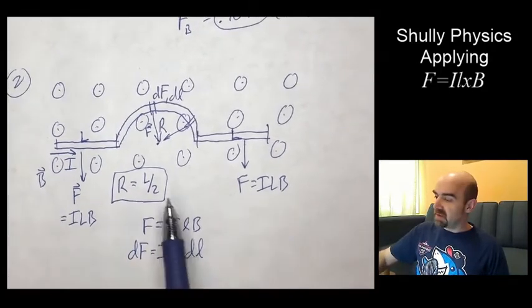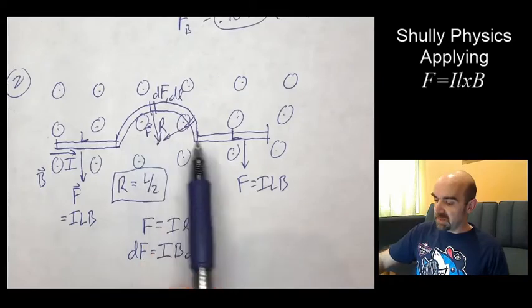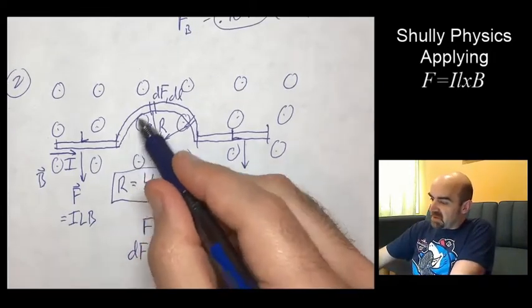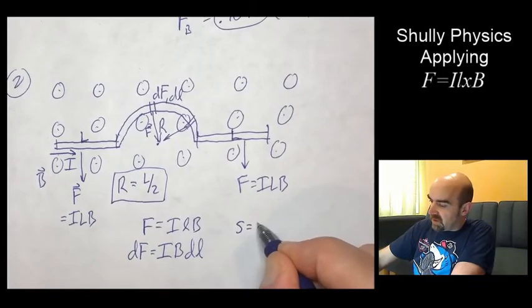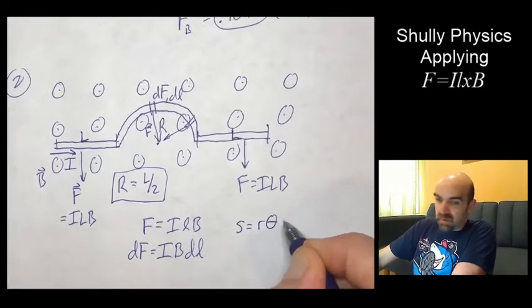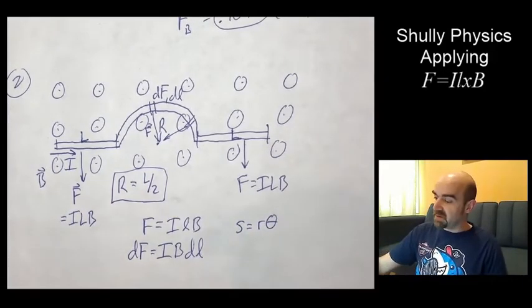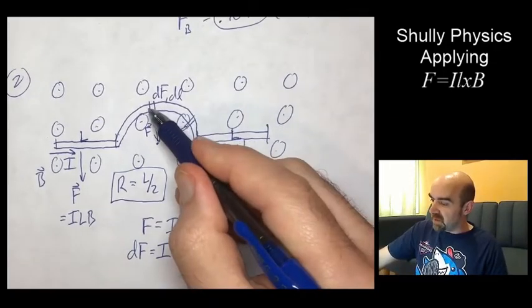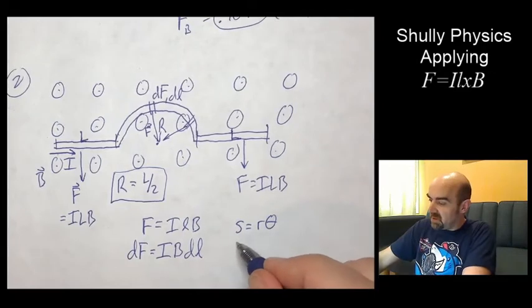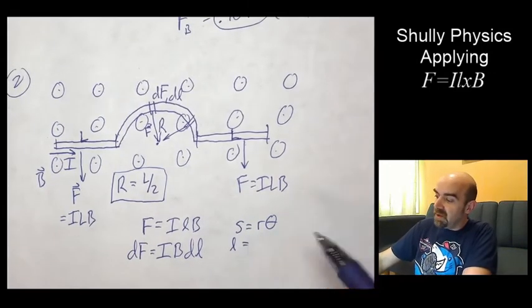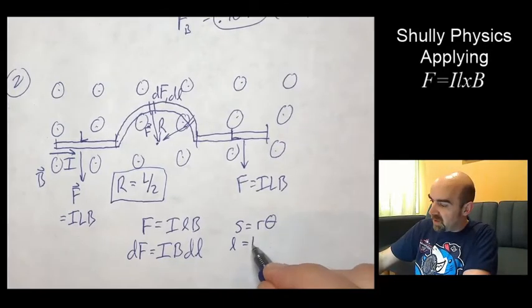That semicircle has a radius capital R, and since it is part of a circle, we can look at the definition of arc length. S equals R theta generically. But now in our situation here, the little piece of arc length corresponds to dl, the length. Right? So I'm going to call this, instead of S, I'm going to call L. And instead of R, I'm going to use capital R, because that's a constant here.